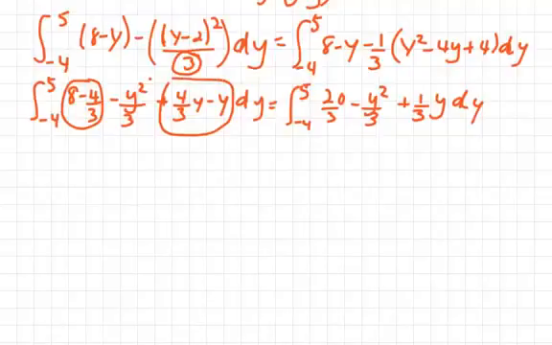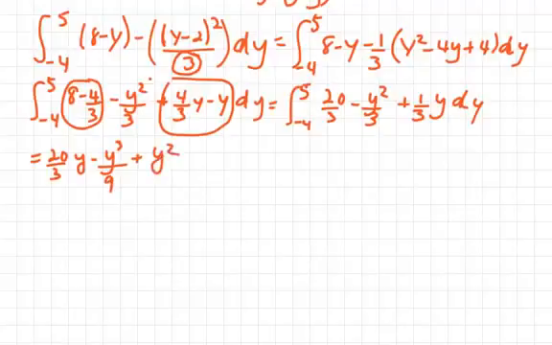Now I'm at the point where I can take the antiderivative. So the antiderivative is 20/3 y minus y cubed over 9, I'm sorry, plus y squared over 6. And I'm going to evaluate that between -4 and 5. And now we've got just a lot of arithmetic to do and keeping things straight.